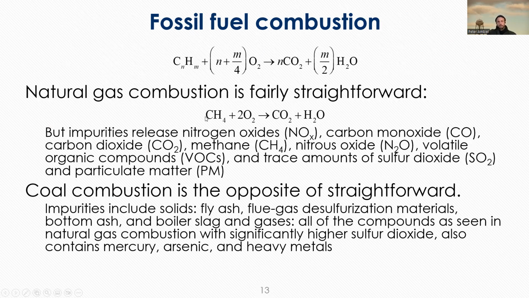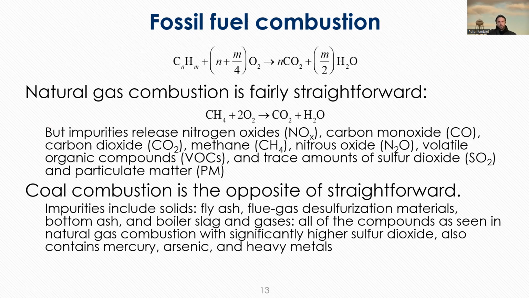But when you have impurities within this combustion process, you can have emissions that aren't just going to be carbon dioxide and water. You can also have nitrogen oxides if you have nitrogen presence. You can get carbon monoxide through incomplete combustion.